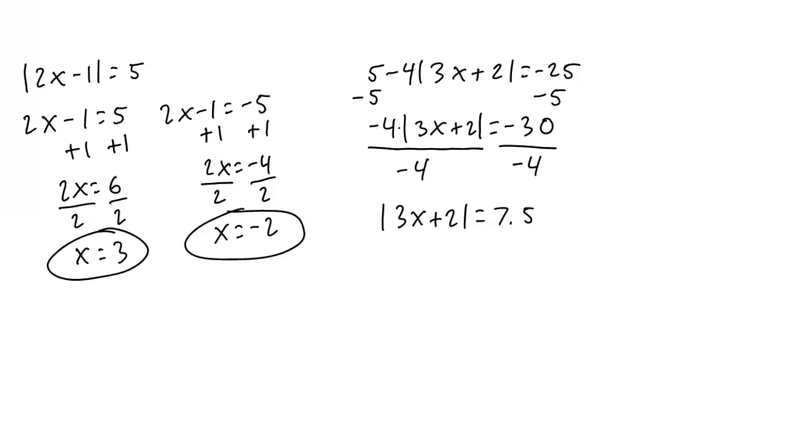So just like with parentheses, this is multiplying. So we need to divide. Now we just have the absolute value here. We split it into two equations. 3x plus 2 equals 7.5, and 3x plus 2 equals negative 7.5.